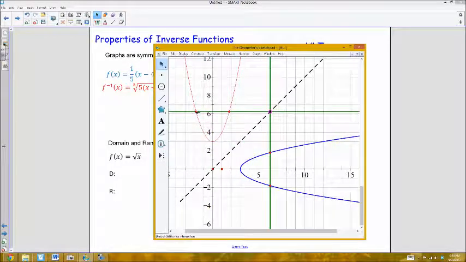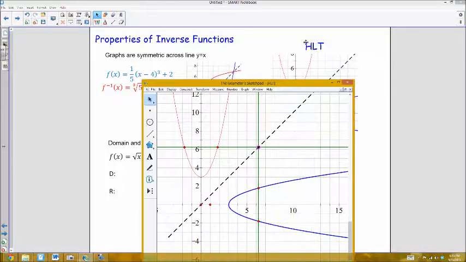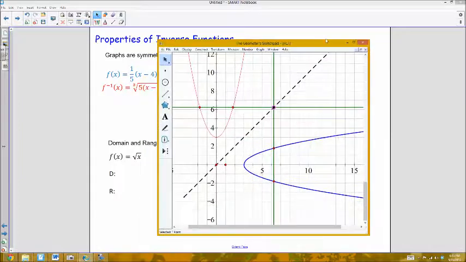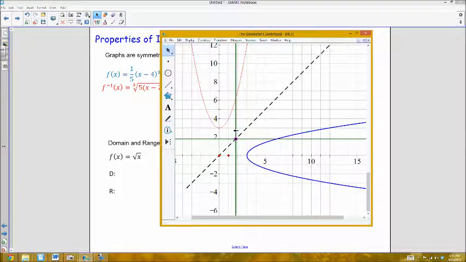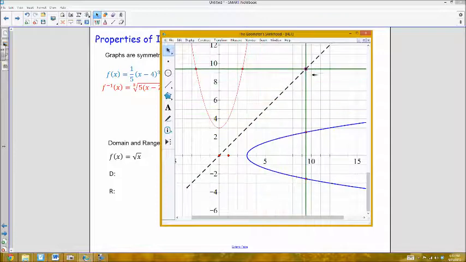If a horizontal line intercepts that graph at more than one point, the vertical line on its inverse would intercept at more than one point, meaning its inverse is not a function. So we have a horizontal line test for testing whether or not a function has an inverse function. If it does not pass the horizontal line test, its inverse will not be a function.